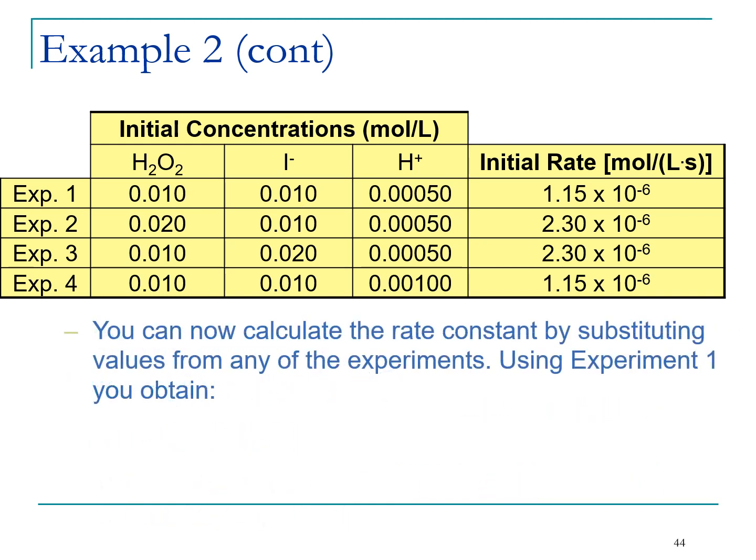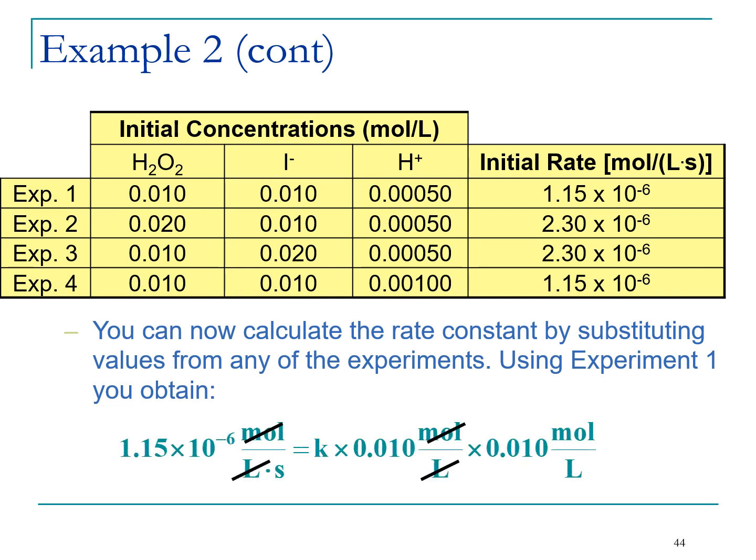And like I said, you can now calculate what K is by using one of the experiments, and I happen to use the first one, 1.15 times 10 to the minus 6 molar per second. Just notice that the rate is given in seconds this time. Equals K times 0.010 raised to the first power times 0.010 raised to the first power, and then this is not in the rate law, so we didn't include it.